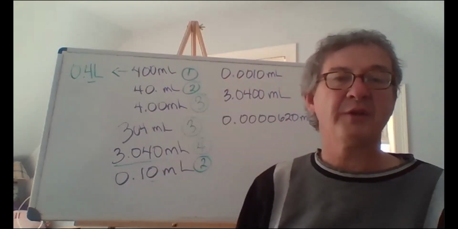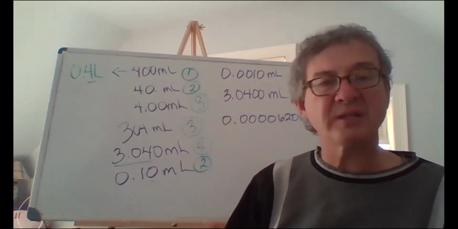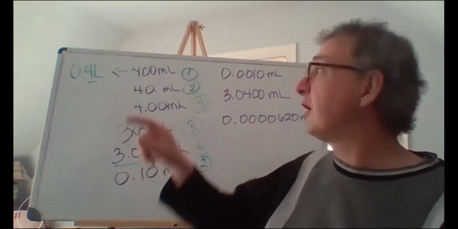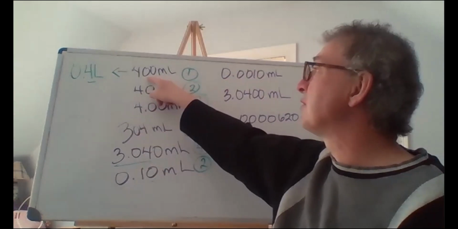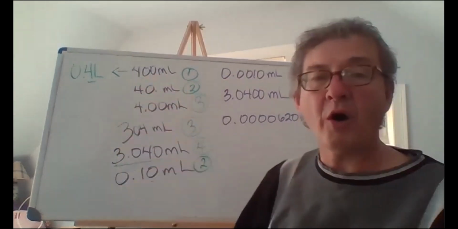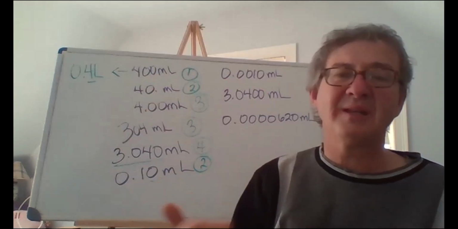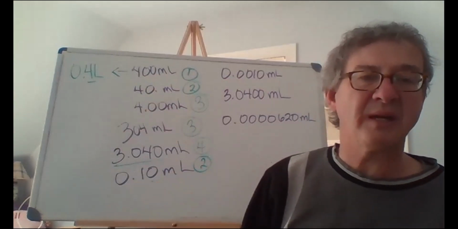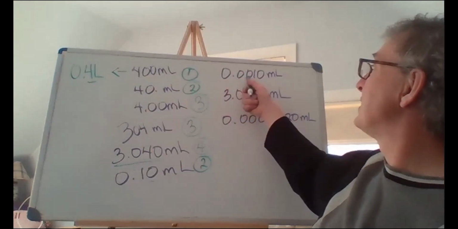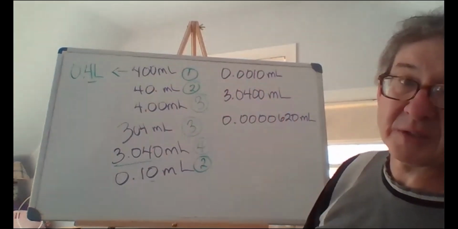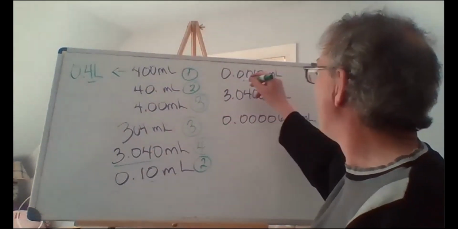But no, they're not. If they're closest to the decimal, they are the same as these ones closest to the decimal. All that they are is placeholders. They tell you you probably picked a bad unit. If I change this number to micrometers, I would go 1, 2, 3.